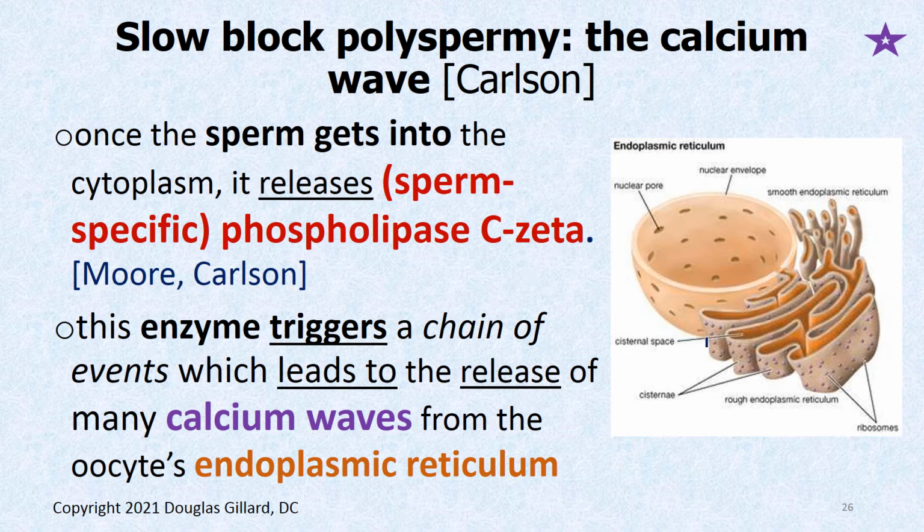And that binds to the endoplasmic reticulum of the oocyte and causes it to dump tons of calcium out of the endoplasmic reticulum. When you get in physiology, you'll talk about that, especially in muscles and smooth muscles. The dumping of calcium out of the endoplasmic reticulum will cause the muscle to contract. But in this case, it doesn't cause anything to contract.